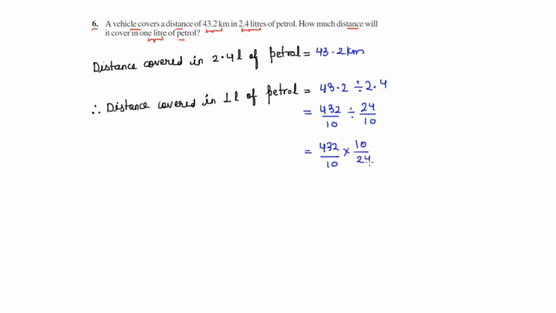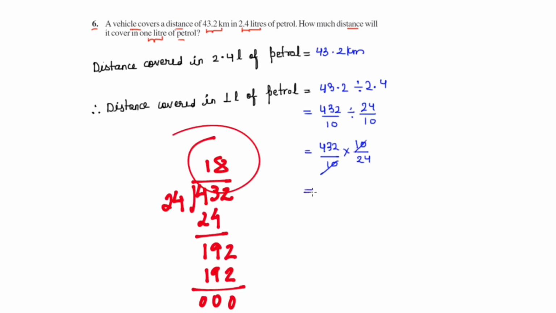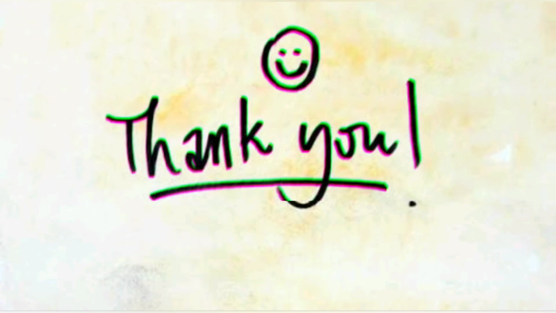And we can see that 10 and 10 we can reduce, as they are on the cross multiplication side. So the final result is 432 divided by 24, and if we divide this we will get 18 kilometers as our result. So the distance covered in 1 liter of petrol is this, and in this way, with the help of the question, we can easily find how to do the solution part.